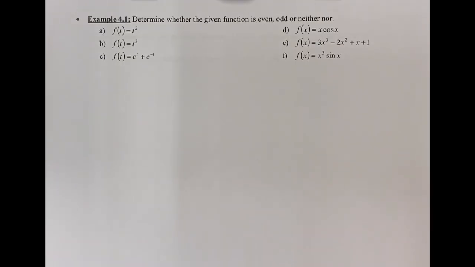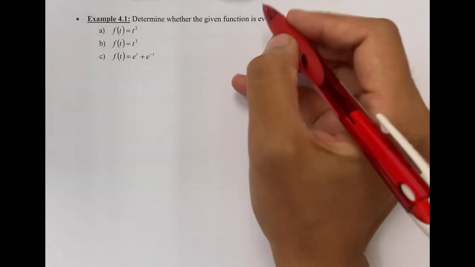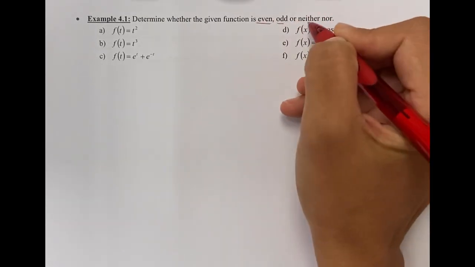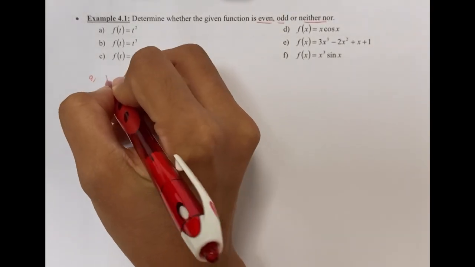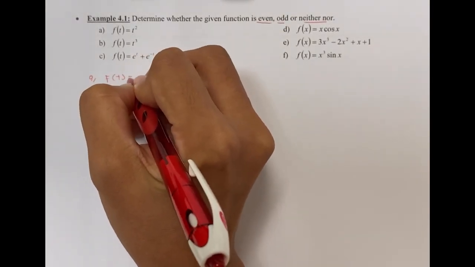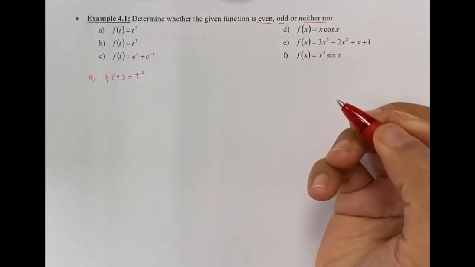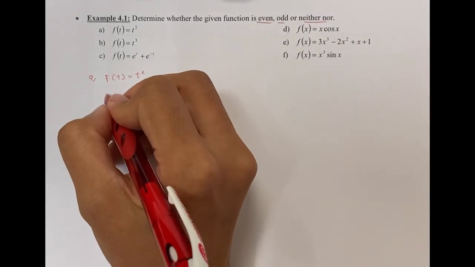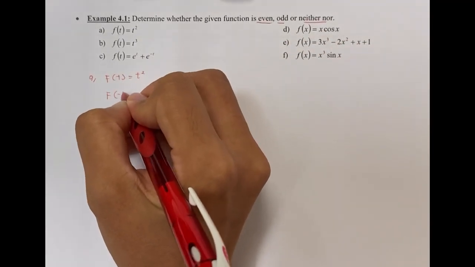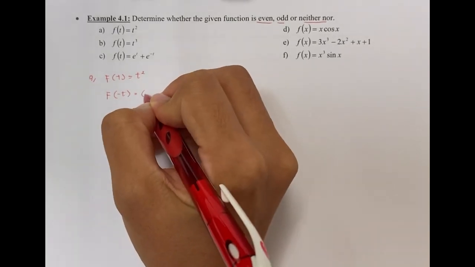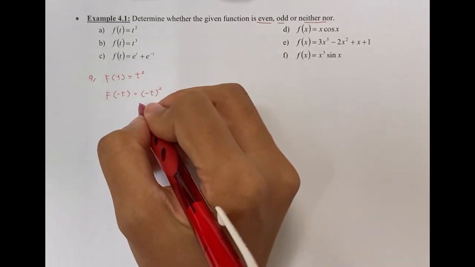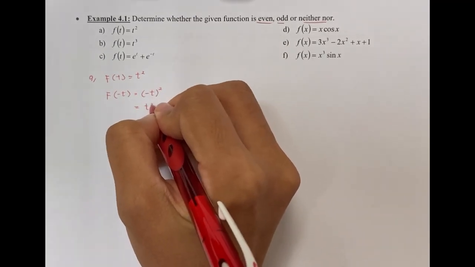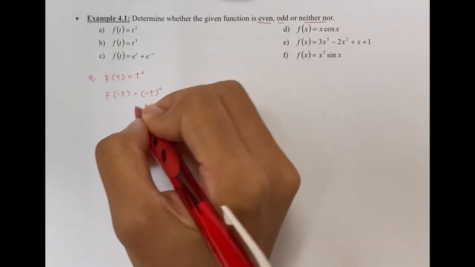Example 4.1, determine whether the given function is even, odd or neither. Okay, we start with A. f(t) is equal to t squared. Okay, so if we check for f(negative t), we have (negative t) squared, and (negative t) squared is equal to t squared, and t squared is our original f(t).